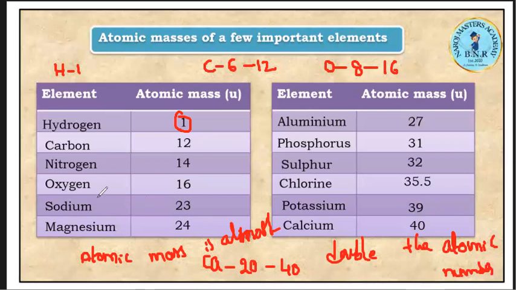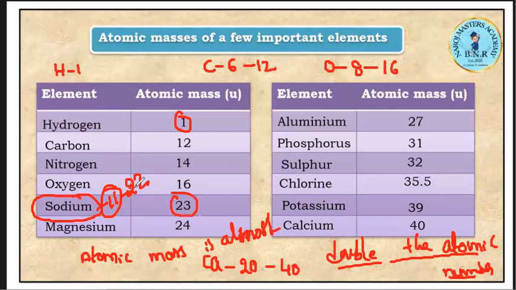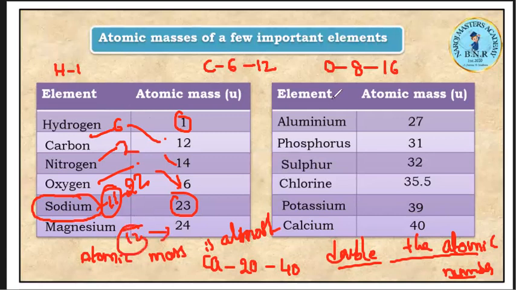If you see sodium, the atomic number is 11. As per our analysis, as per our guess, the mass should be exactly double the atomic number. It should be 22, but here we are having 23. Oxygen atomic number is 8, mass is 16; nitrogen 7, 14; carbon 6, 12; magnesium 12, 24; aluminium 13, it should be 26, but here 27 is there.